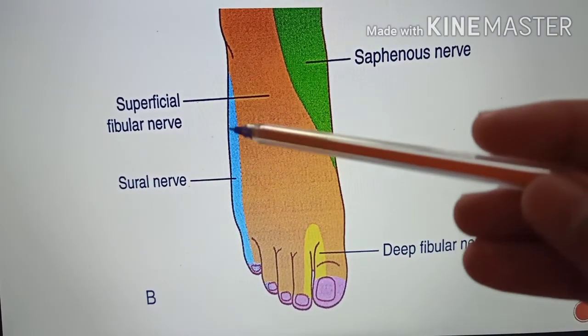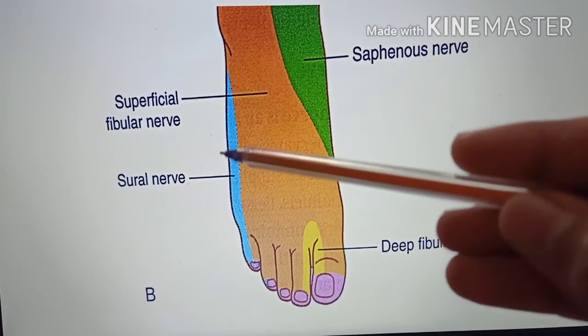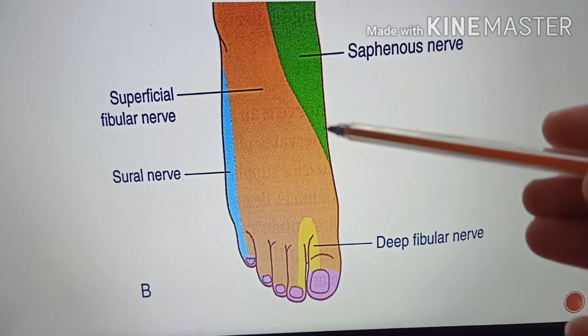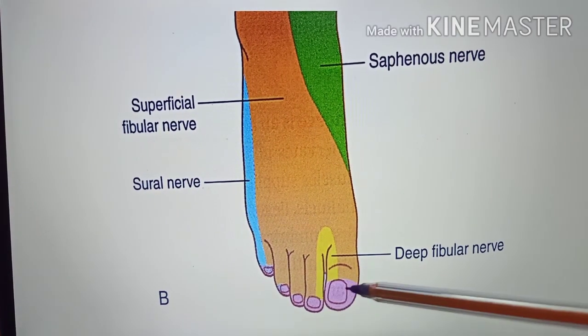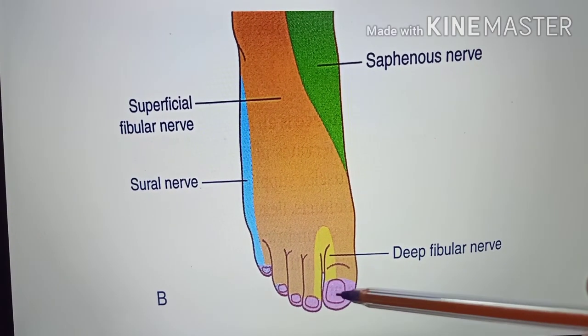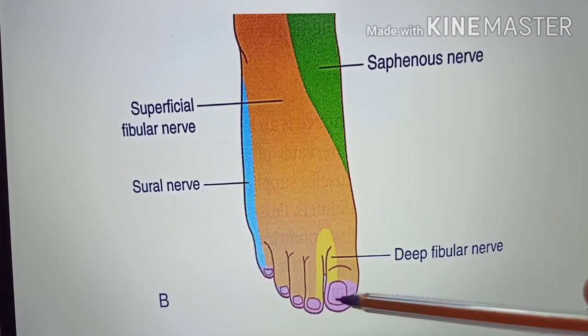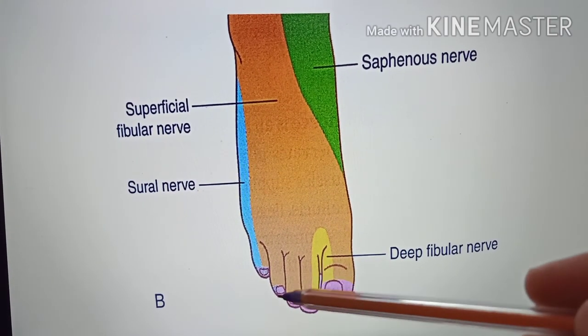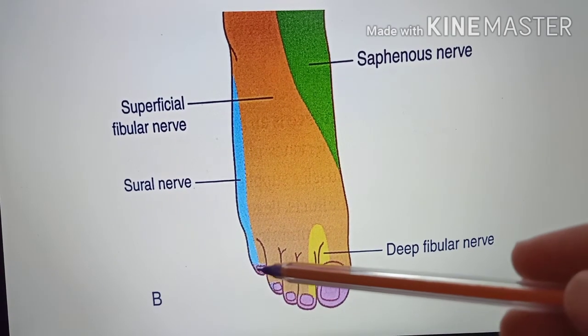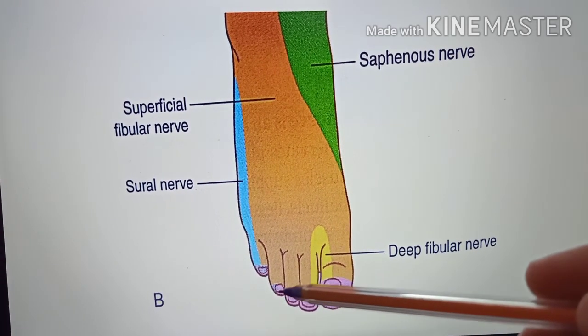The lateral border of the foot is supplied by the sural nerve, and the medial border by the saphenous nerve. If you see these toes, the first 3½ toes' nail beds are supplied by the medial plantar nerve, whereas the 1½ toes' nail beds are supplied by the lateral plantar nerve.